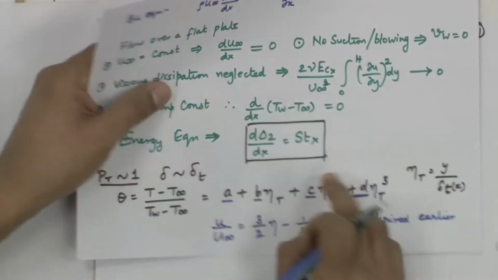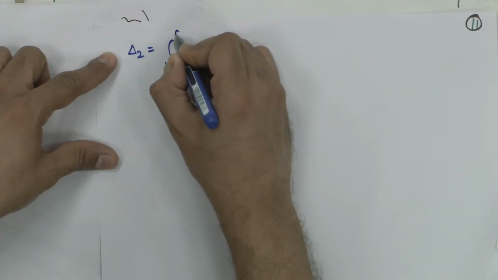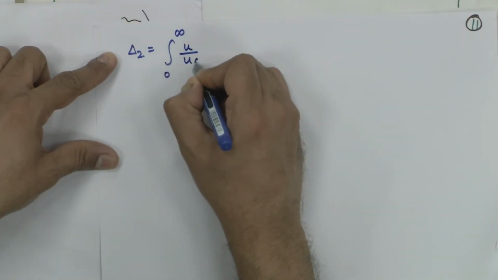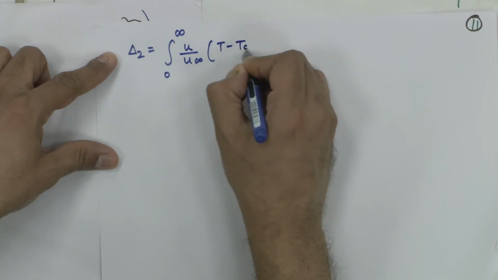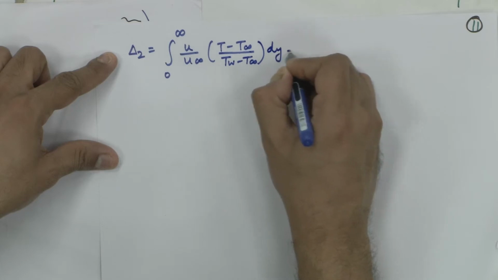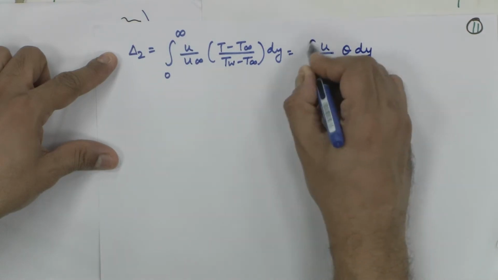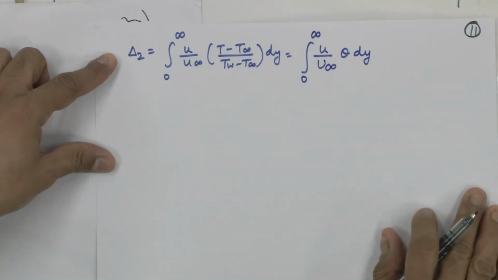So what is my integrated energy equation now? Integrated energy equation on simplification was this: d delta 2 by dx equal to Stanton number. So I need to evaluate delta 2. So delta 2 is equal to integral 0 to infinity of u by u infinity times (T minus T infinity) by (T wall minus T infinity) dy, which is nothing but u over u infinity theta dy going from 0 to infinity.